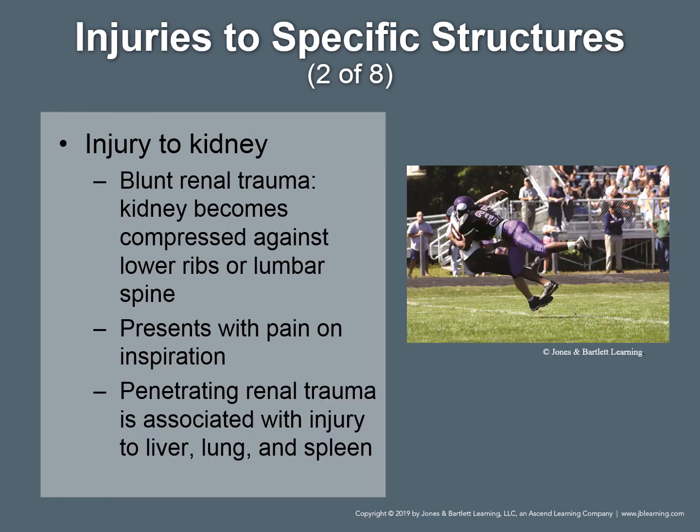Injury to the kidneys. We see this a lot of times with our football players. Blunt trauma to the back especially will push the kidneys against the ribs and can cause them to fracture or lacerate and begin to bleed. These patients a lot of times will have pain when they breathe in. They also may have Grey Turner's sign, which is bleeding in the flanks. And they may have a decreased urine output.